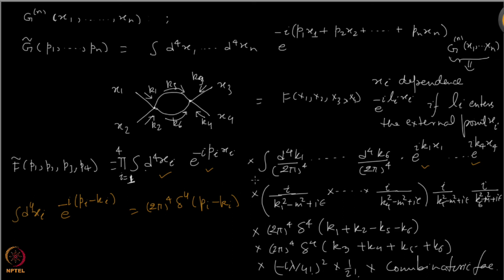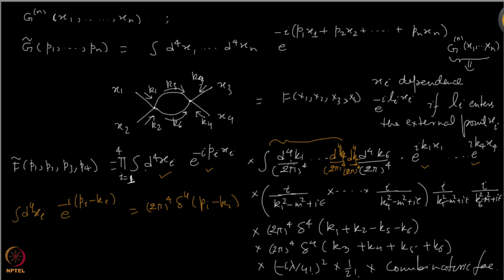And I will also do one more integral now. I will do 4 integrals, so d^4 k1 up to d^4 k4 over (2π)^4, and these 2 will remain, k5 and k6 over (2π)^4. So we'll do up to these 4, and when I do these 4 integrals, I will be just setting k1 equal to p1, k2 equal to p2, and so forth, and these (2π)^4s will cancel against these denominators.